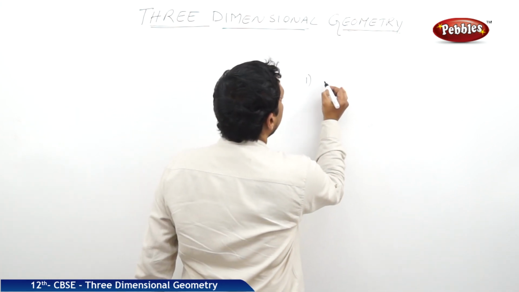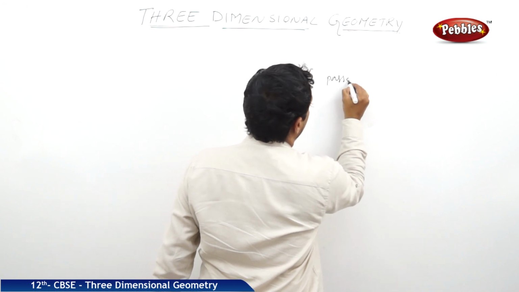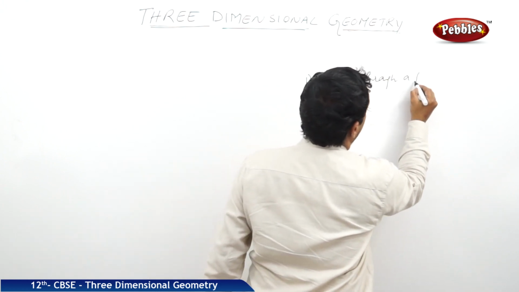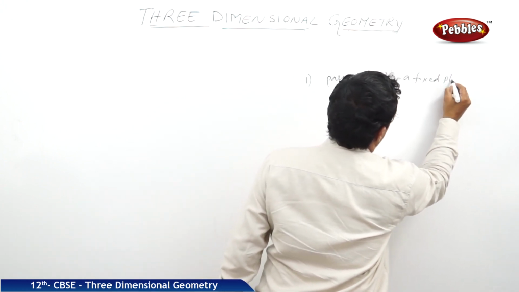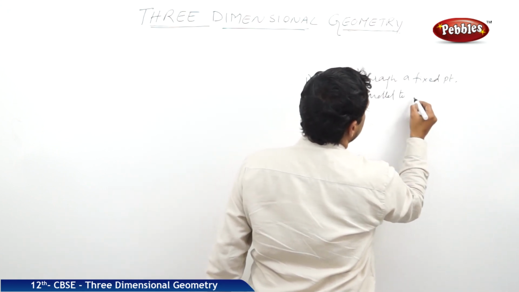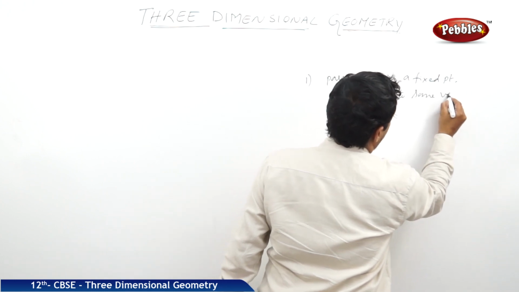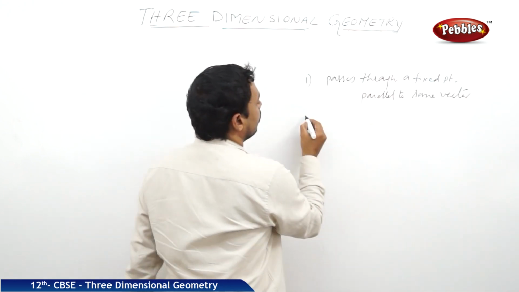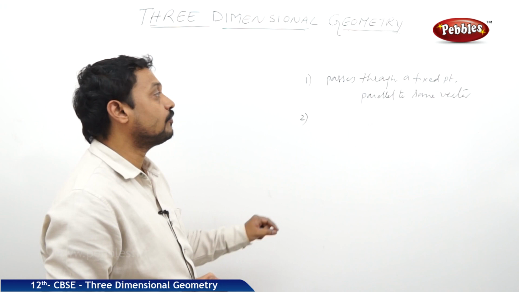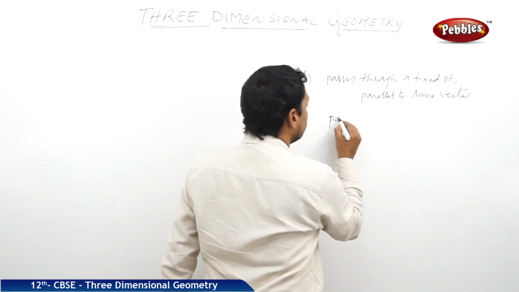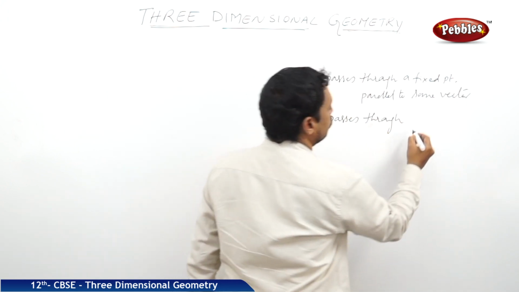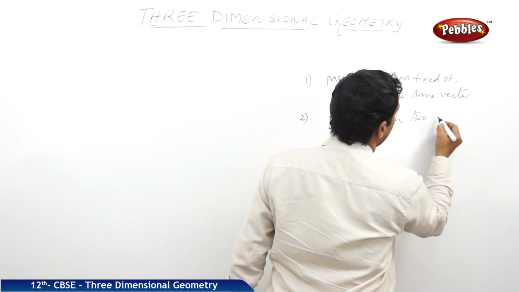The first one is if a line passes through a fixed point and is parallel to some vector, and the second one, we can also find the equation of a line when it passes through two fixed points.